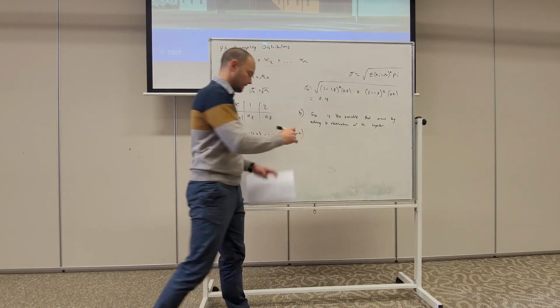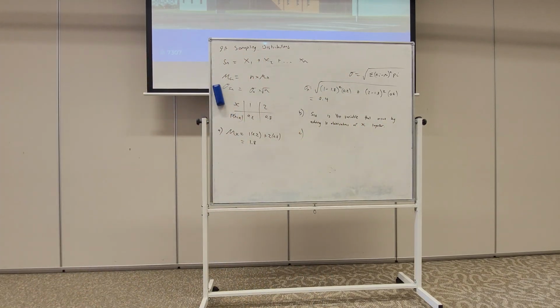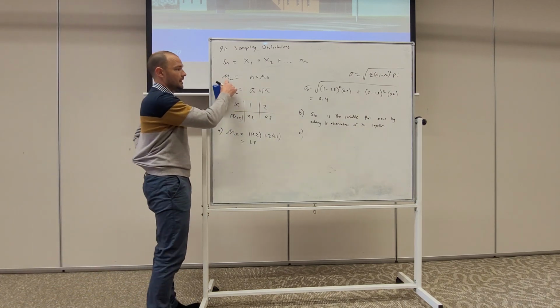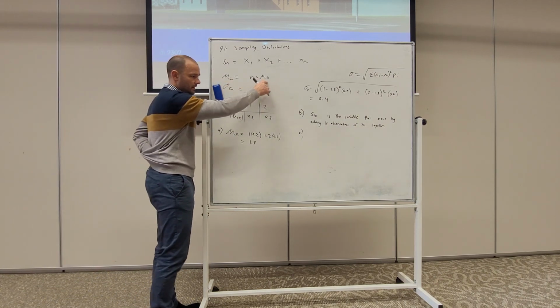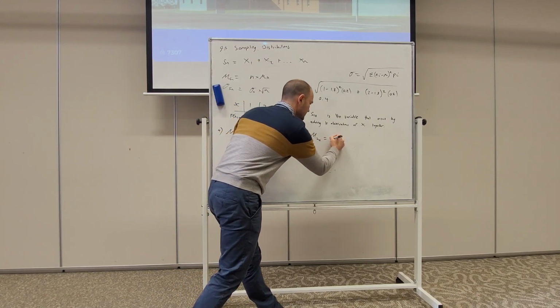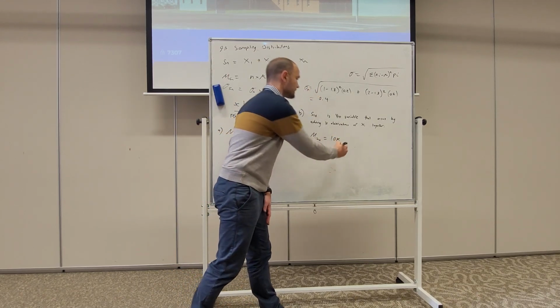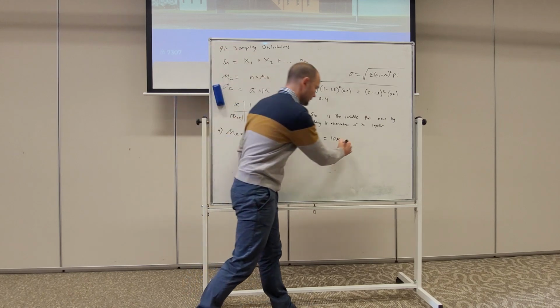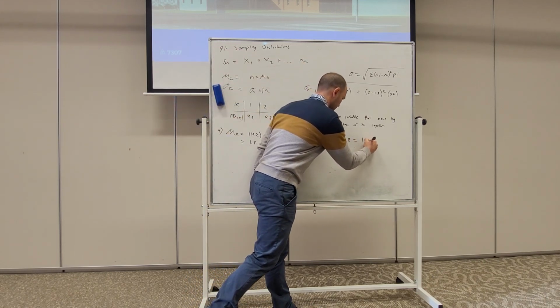Part C: find the mean and standard deviation of S10. The mean of Sn is n times the mean of x. So the mean of S10 is going to be 10 times the mean of x. So 10 times 1.8 gives us 18.